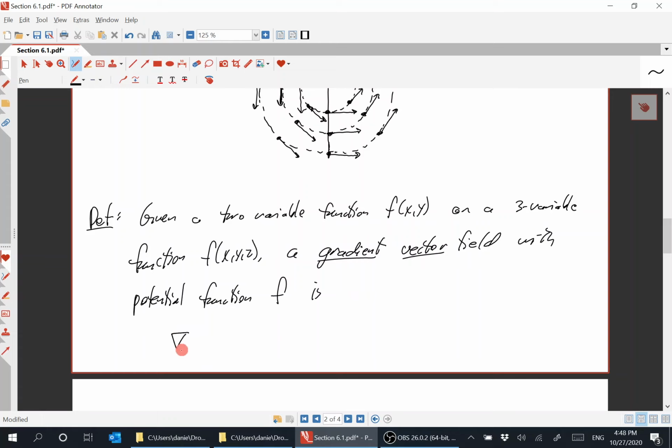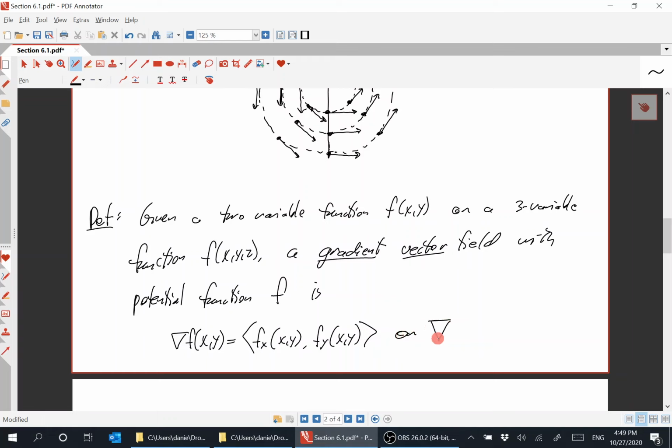So we write it as gradient f of x, y, and then this is the partial derivative of f with respect to x at x, y, and the partial derivative of f with respect to y at x, y.